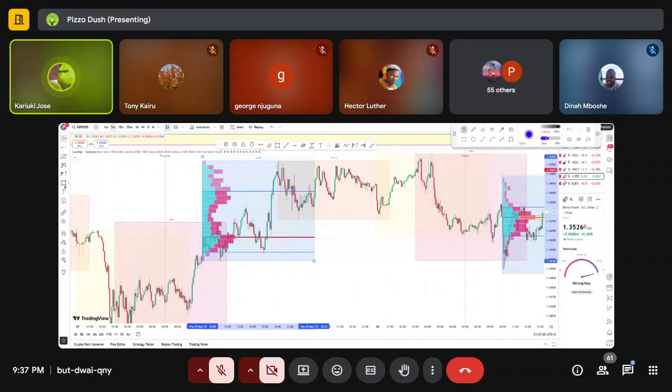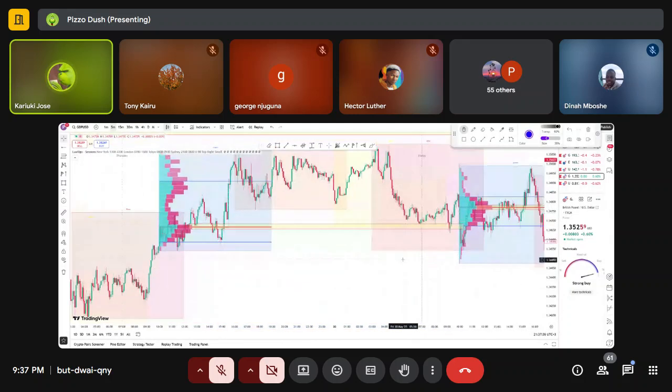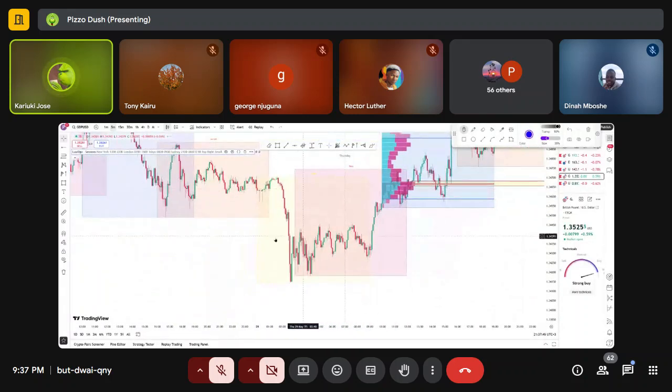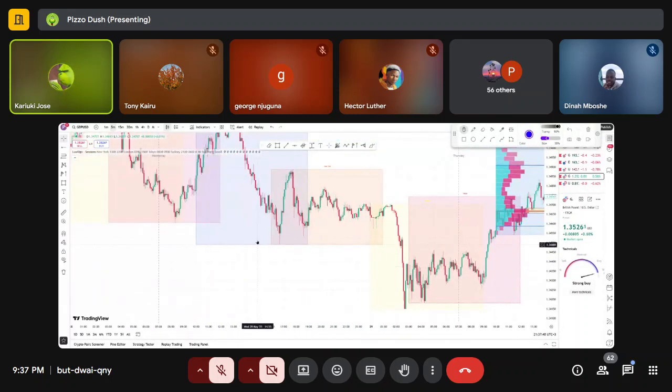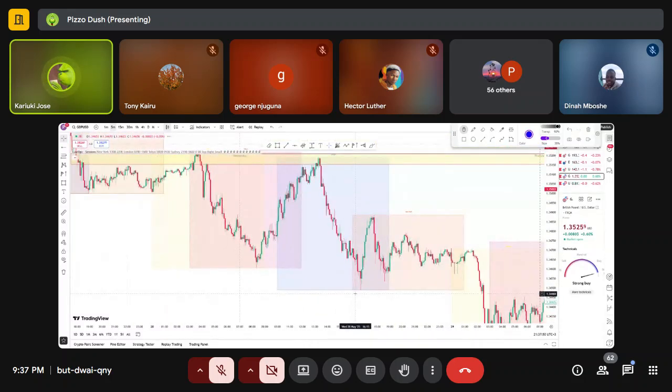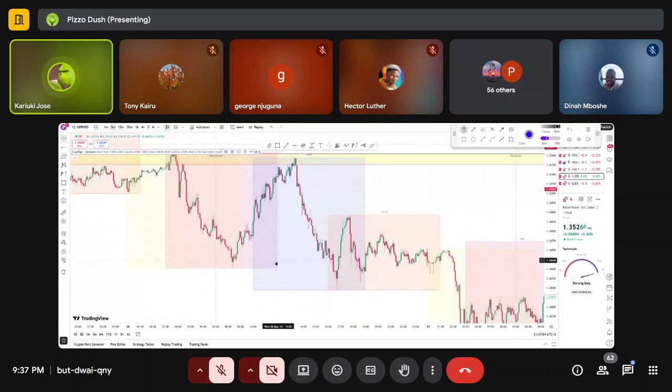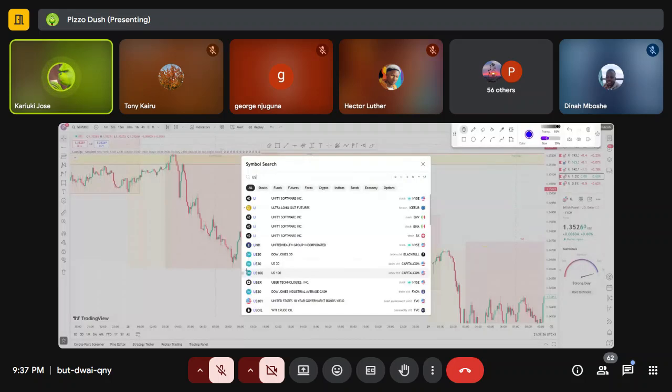So these are London once more. Ilikuja ikaretest. So let's see whether the market tested their point of control here. Yeah, you can see market ilikuja na ikaretest once, twice, thrice point of control. So lazima ujue each and every session currency pair gani inakuwa active. Kama unatrade euro GBP, ufanye hustle ujue euro GBP inakuwa aggressive kwa session gani.